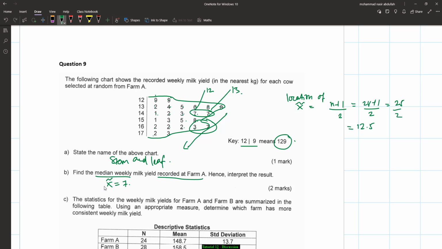Interpret the result. So 50% of weekly milk yield of 25 cows is less than 7 kilos. And another 50% is more than 7 kilos. Right?